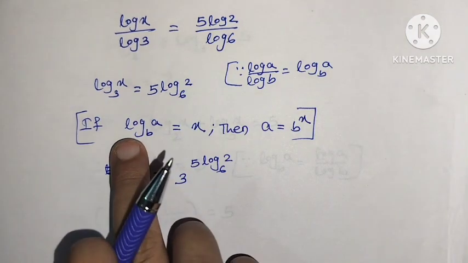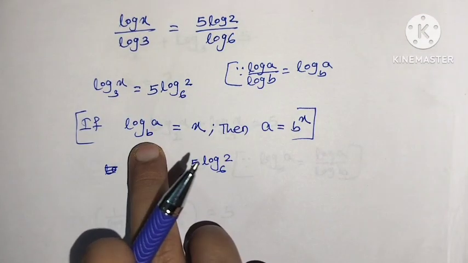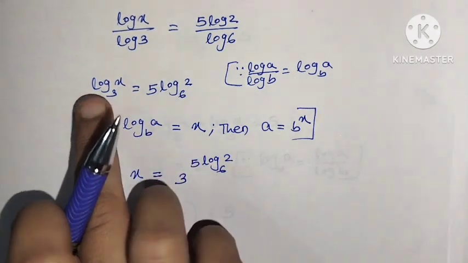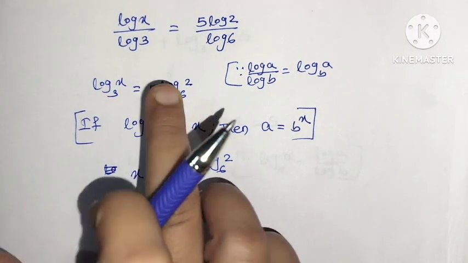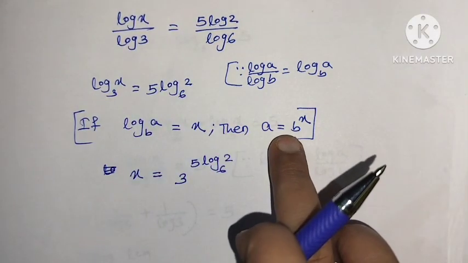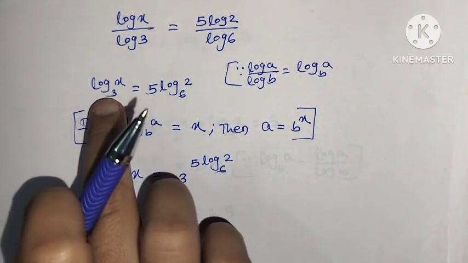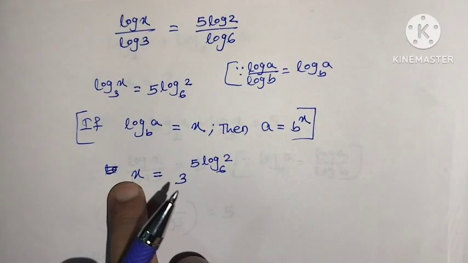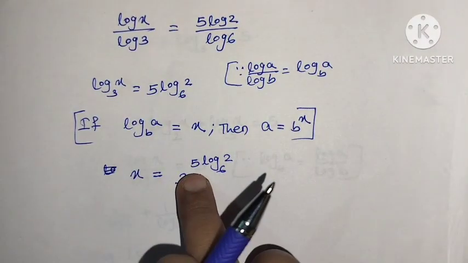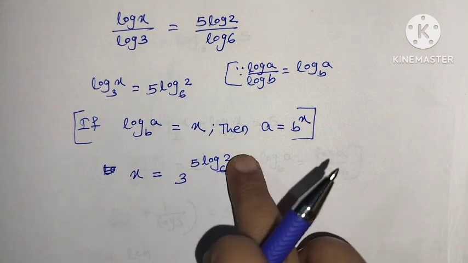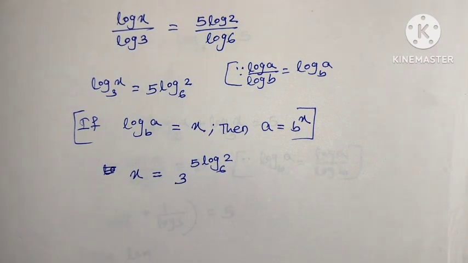See, log a base b is equal to x, then a is equal to b to the power x. Same thing, x is equal to 3 to the power 5 log 2 base 6.